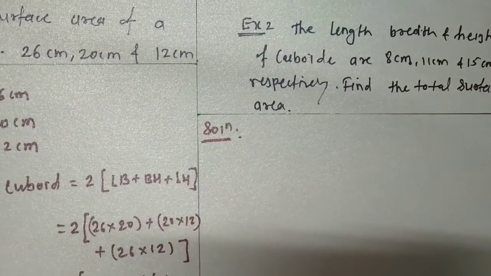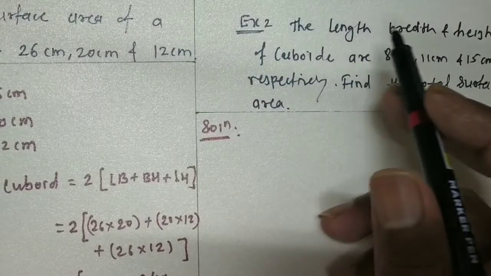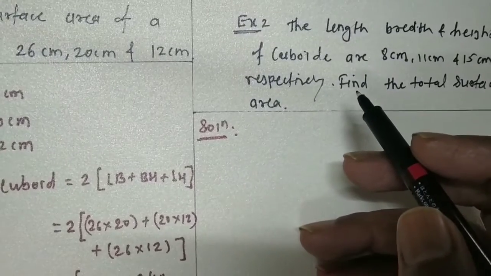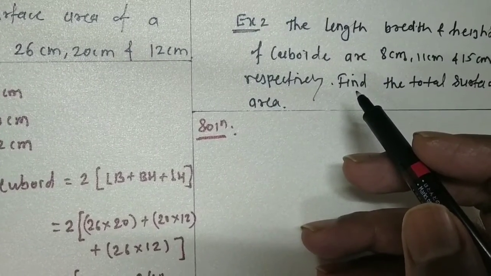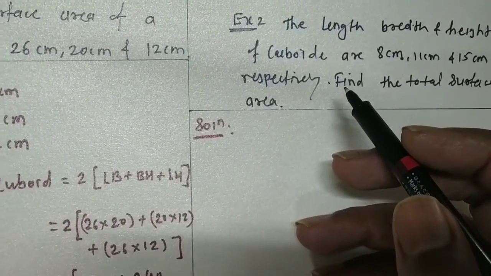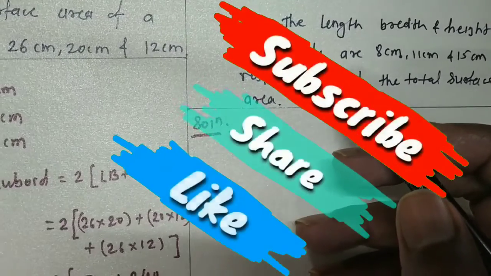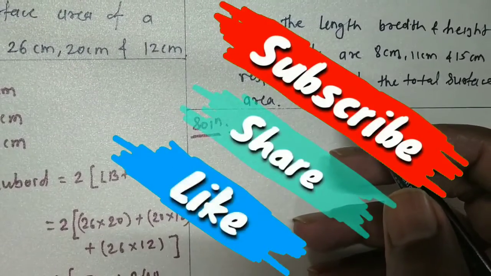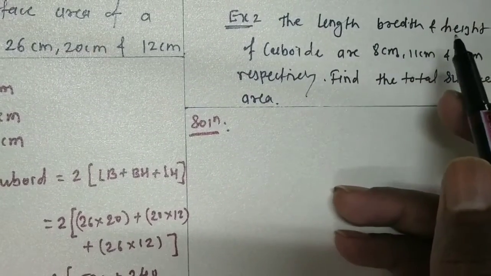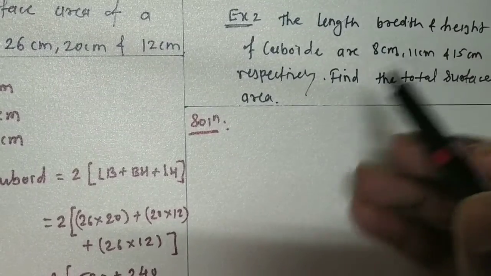Now we will solve the second problem. The second problem says that the length, breadth and height of a cuboid are 8 centimeter, 11 centimeter and 15 centimeter respectively.